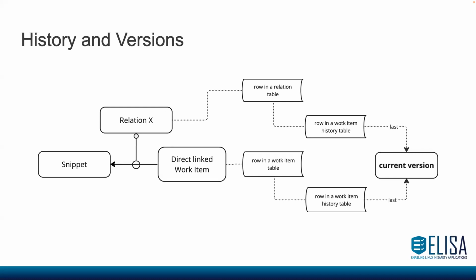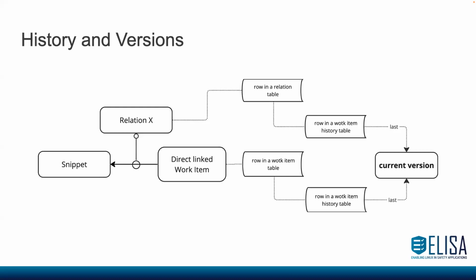And moreover, the relationship is not just a link, but is something that hosts data, as we just saw. So it is itself a work item, and we'd like to track any changes to any kind of work item. That's because we'd like in future to be able to generate baselines, or in other words, to take a picture of the set of work items at a certain point in time, to be able to refer a baseline to a particular release and so on.